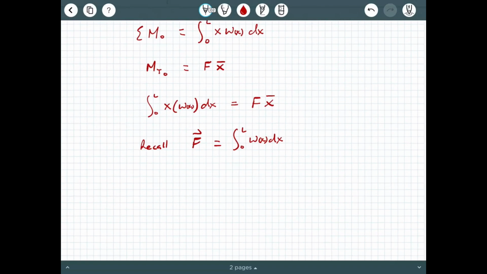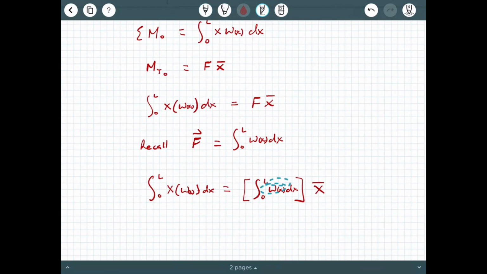Now, remind me, what is F? Recall that F equals the integral from 0 to L of w as a function of x dx. We just had a couple of examples illustrating that. So what do we have now? We've got the integral 0 to L of x times w as a function of x dx equals the integral from 0 to L of w as a function of x dx times x bar.